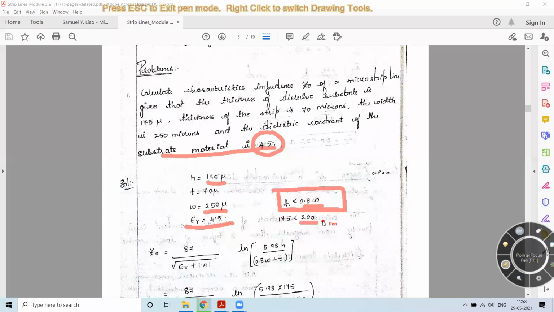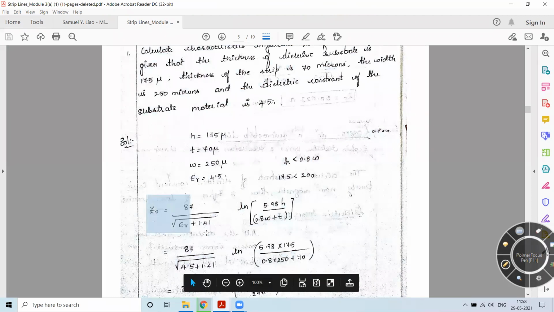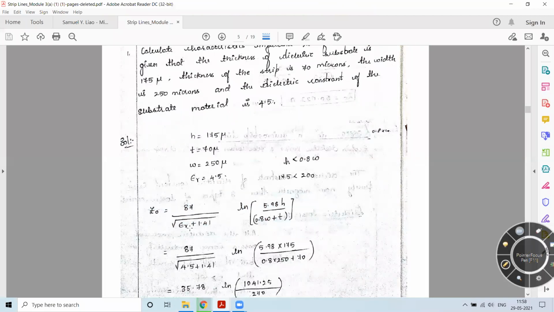So because of this, we can make use of the equation wherein we substitute for the d value and we substitute for the effective dielectric constant. When we make the simplification, we have 87 divided by square root of epsilon r plus 1.41, ln, that is the natural log of 5.98 times h divided by 0.8 times w plus t.